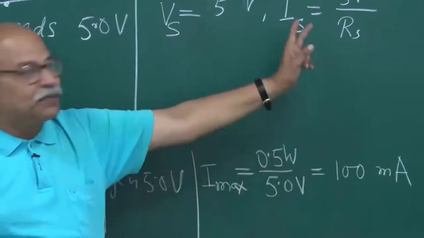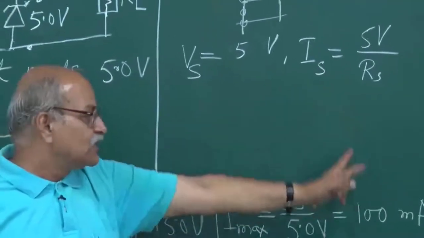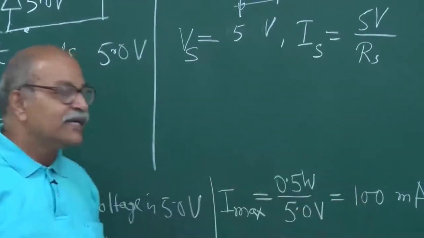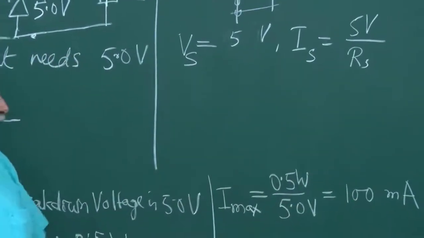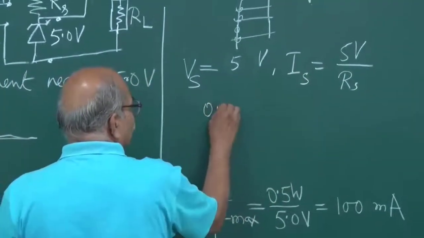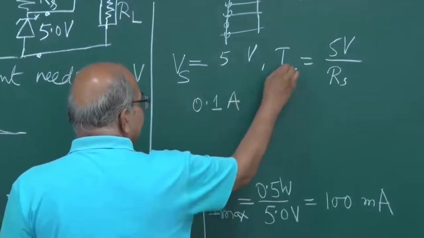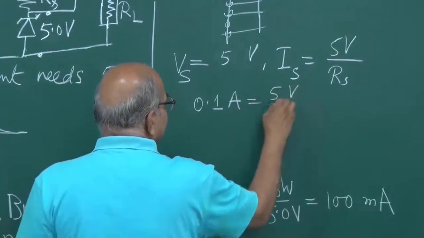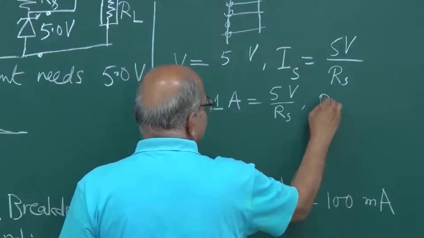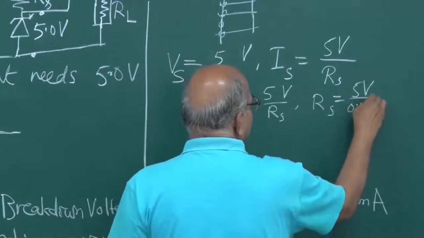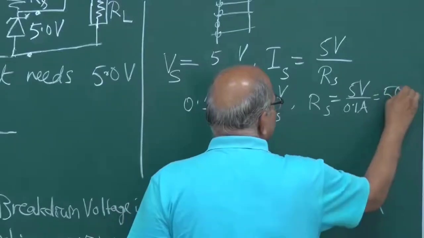So what should be this RS so that the current in Zener is 100 milliampere or less? If I take this as 0.1 ampere, then it is 5 volt divided by RS, and RS will be equal to 5 volt divided by 0.1 ampere, and that is 50 ohms.